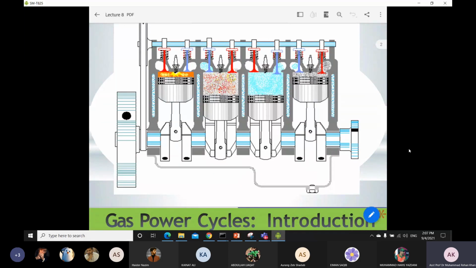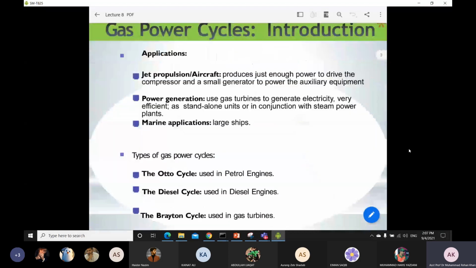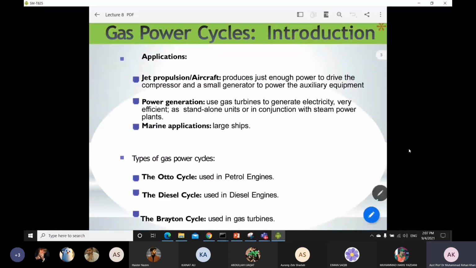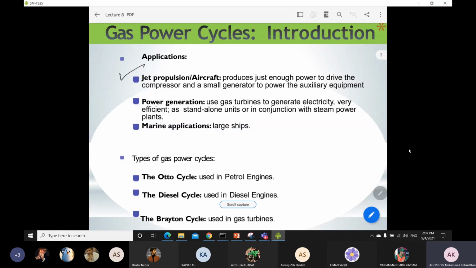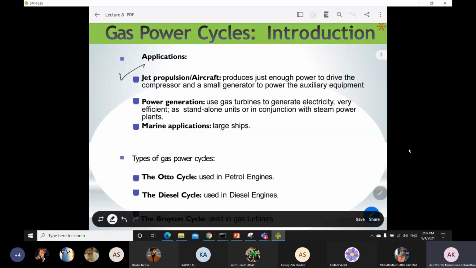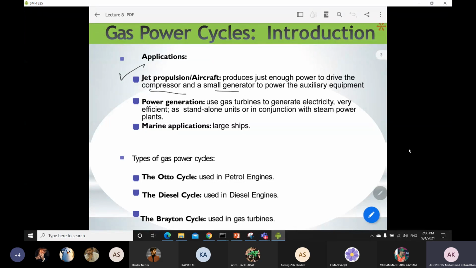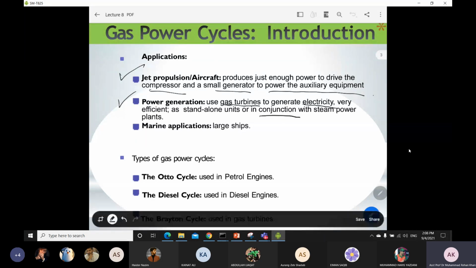Starting from the application, the applications of gas power cycle are very wide. It will be in jet propulsion and aircraft systems also, where we have to produce power to drive the compressor and small generators to power the auxiliary equipment also. Then there is the power generation process. We can use gas turbines to generate electricity, and we can also use the gas power cycle and vapor power cycle both at the same time.